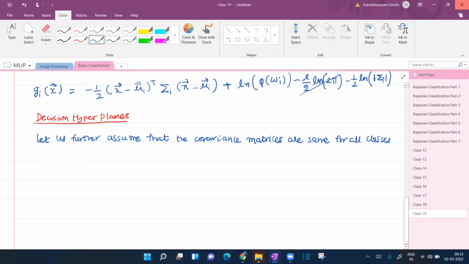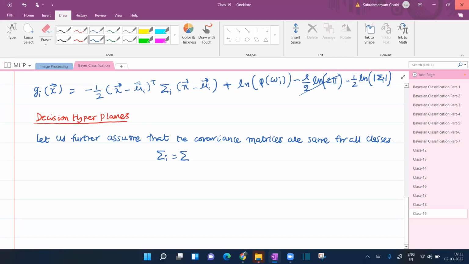That means I already made an assumption that diagonal elements are same. Further, I am assuming that all classes have the same covariance matrix. So what I am assuming here is sigma I is equal to sigma.